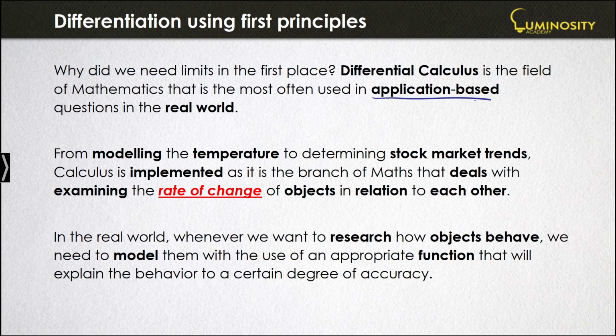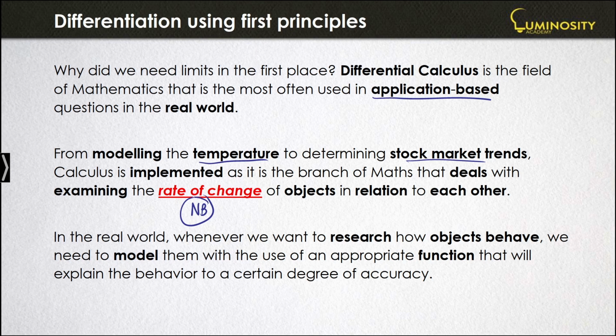So, for example, from modeling the temperature to determining stock market trends, calculus is implemented as it is the branch of maths that deals with examining the rate of change of objects in relation to each other. That's extremely important. That's what differential calculus deals with. Derivatives deal with rates of change.